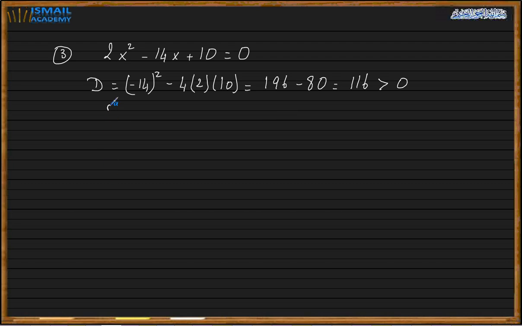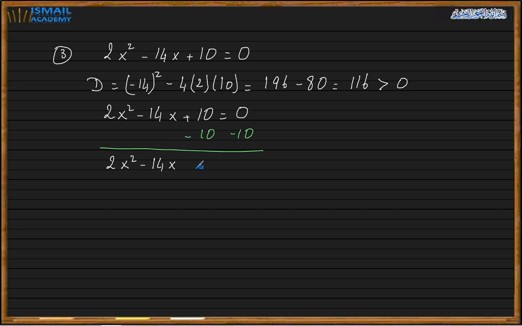So what I do now, I start doing the steps we did at the beginning. Minus 10 both sides. So we end up having 2x squared minus 14x equal minus 10. Now I divide both sides by 2.